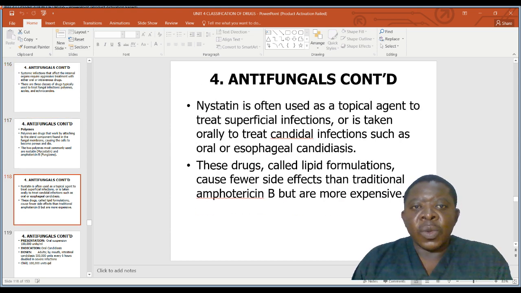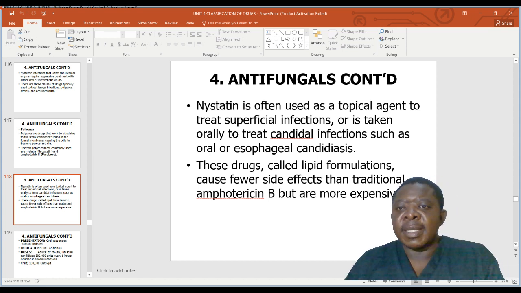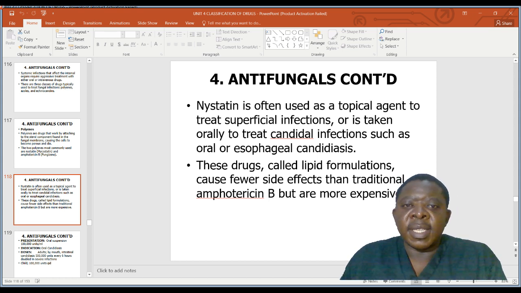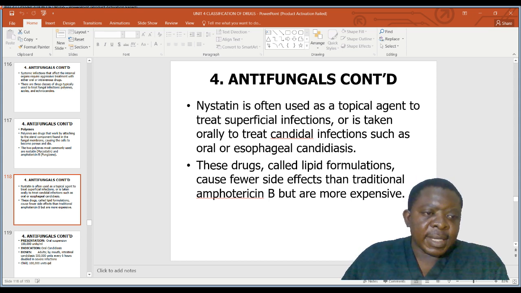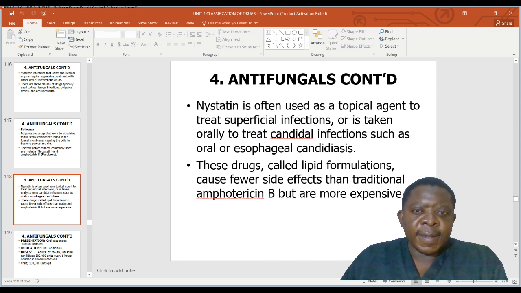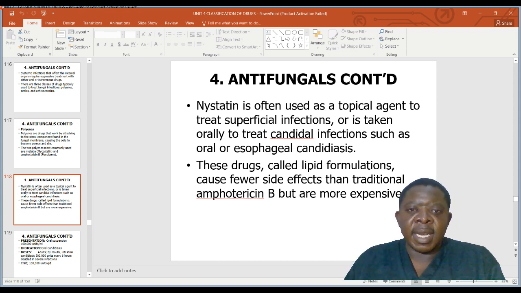Okay, so nystatin is often used as a topical agent to treat superficial infections, or is taken orally to treat candida infections such as oral or esophageal candidiasis.